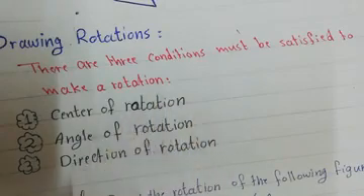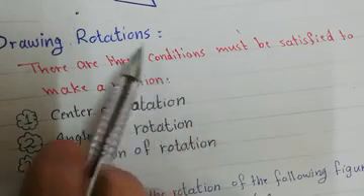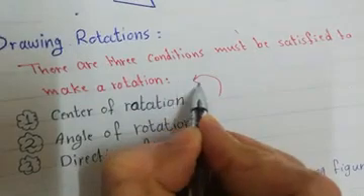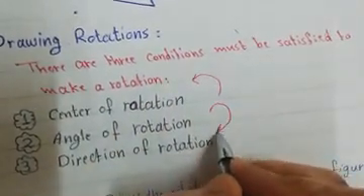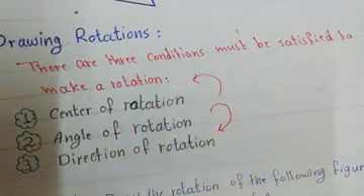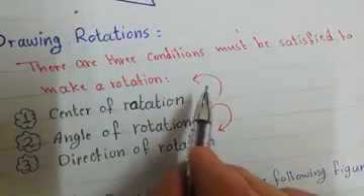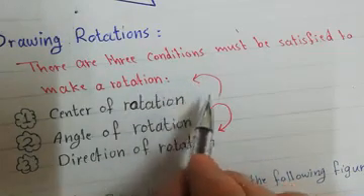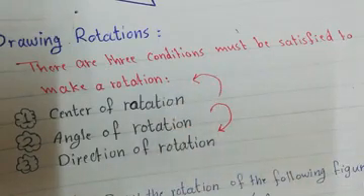And the direction of motion. There are two directions: counterclockwise, if you move this way, or clockwise, if you move this way. Most of the examples and exercises in our textbook are in counterclockwise motion.